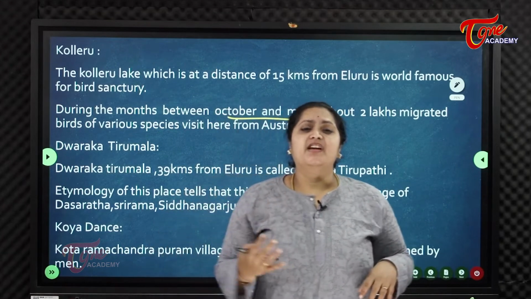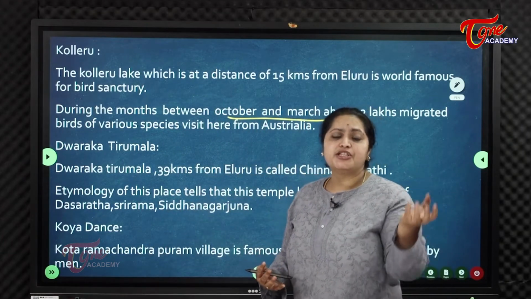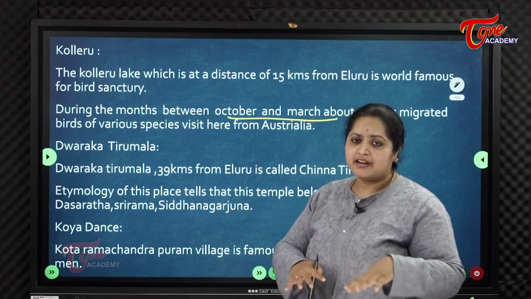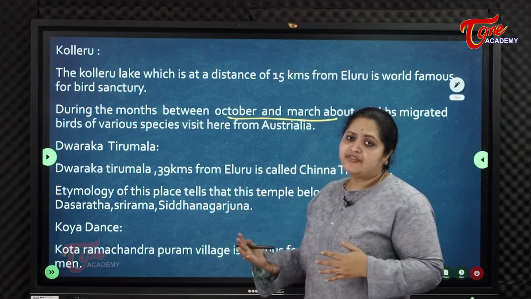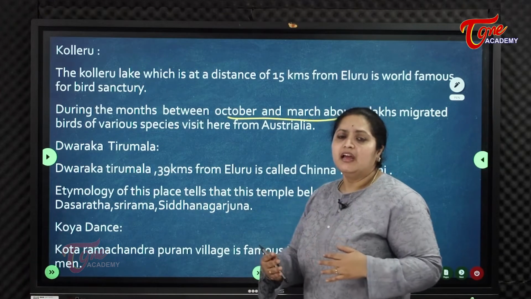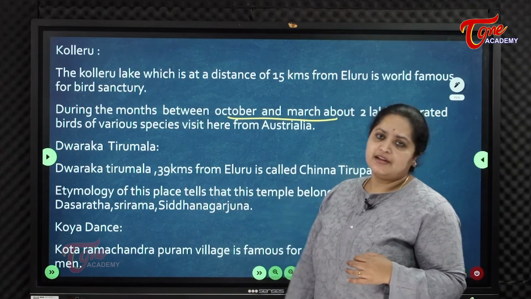They are kind of flamingos. Different species of birds come and hatch their eggs, and after 2 or 3 months they fly back to their own countries.